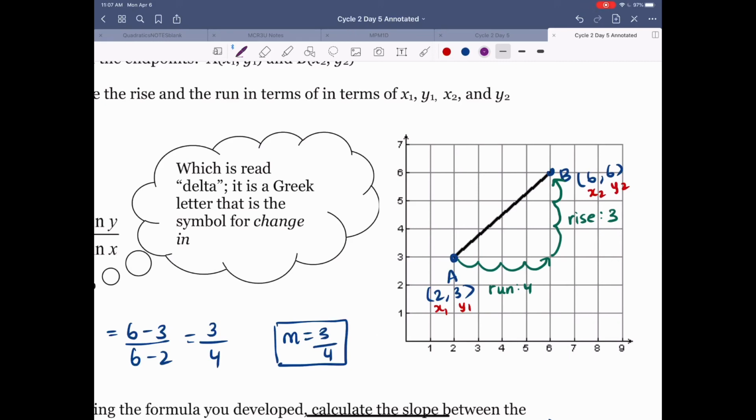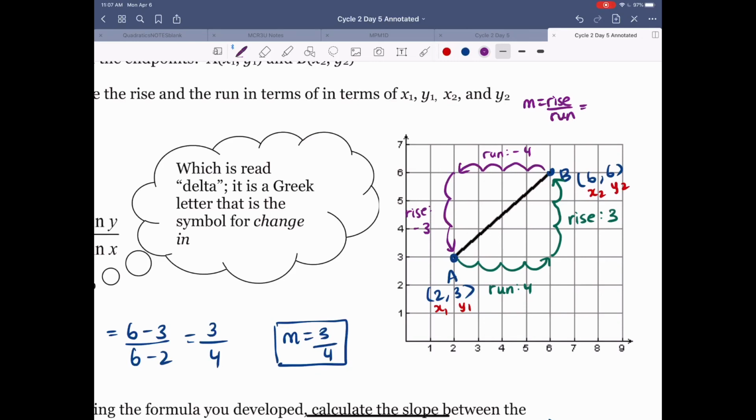But you can look at it from a different perspective, from point B to point A. Then you're going a run of negative 4, and you're going down, so the rise is negative 3, and slope is equal to rise over run.